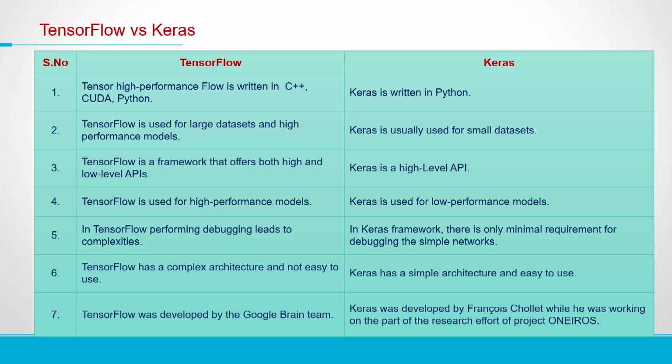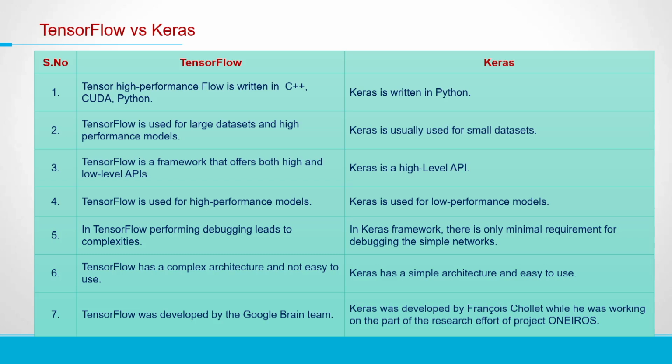To know the exact difference between the TensorFlow and Keras libraries, here are some of the major differences between these two. TensorFlow is written in C++, CUDA and Python, whereas Keras is written purely in Python. TensorFlow can be used for large data sets and high performance models, whereas Keras is usually used for small data sets.